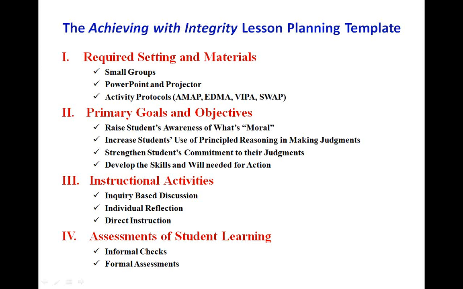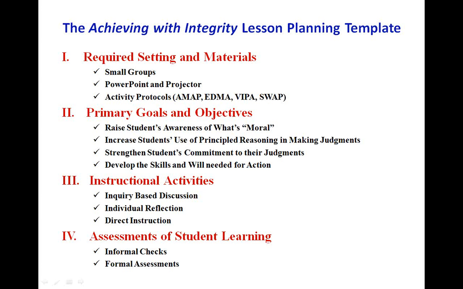And in terms of goals and objectives, really we have the 4 big ones. During the first week, the first lesson, it's going to be focused on raising awareness of what's moral. The second, increasing the use of principled reasoning and making judgments, and so on. So those are the 4 distinct goals over the course of the 4-unit lesson.